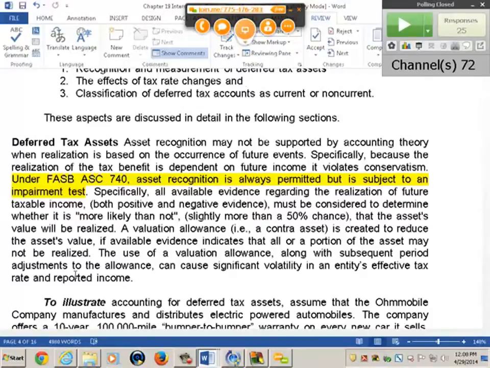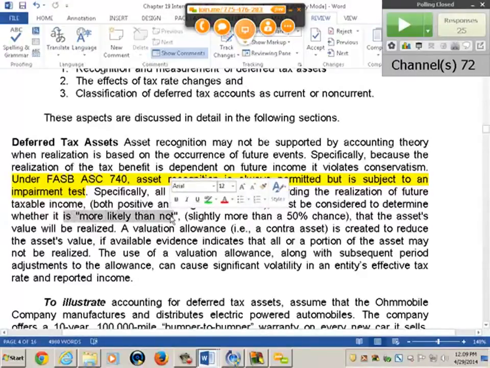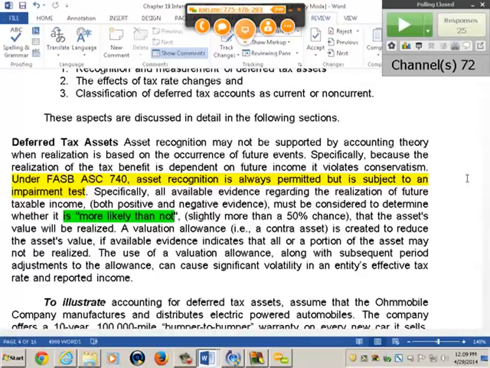More likely than not means slightly more than a 50% chance, and this is going to come up over and over again. In fact, we saw this last semester when we looked at the goodwill impairment test. We said that you would initiate a test for impairment only if it was more likely than not that you expected goodwill to be impaired. If not, you could avoid the test.